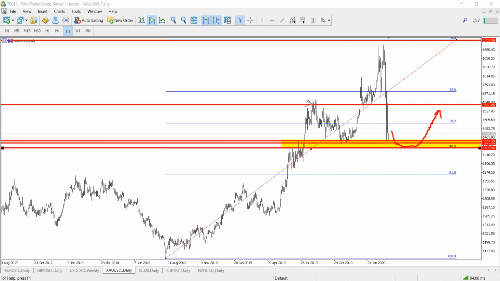The pair could be forming a head and shoulders pattern. So here we have the first shoulder and the head here, and here is the second shoulder, could be the second shoulder.